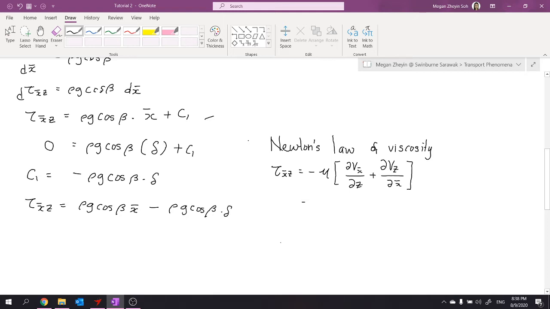We can then rearrange this equation into a simpler form, rho g cos beta multiplied by x bar minus delta.